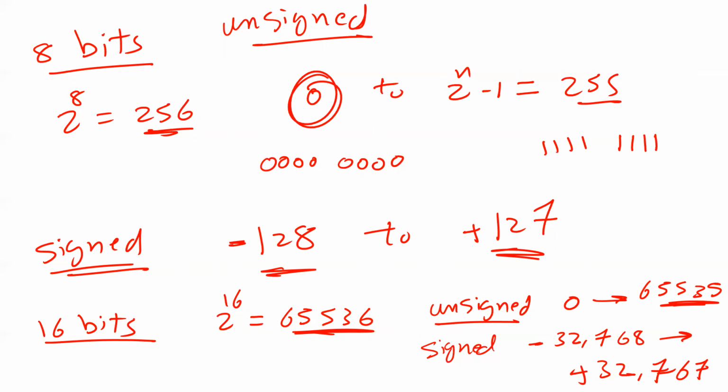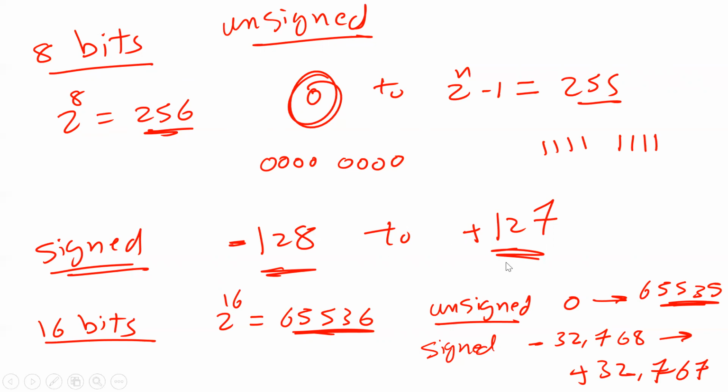So if what you are counting is a number less than 255, in this case you can use a byte, because in a byte you can store a number from 0 to 255 if your number is unsigned. But if your number is signed, this is the range you have.